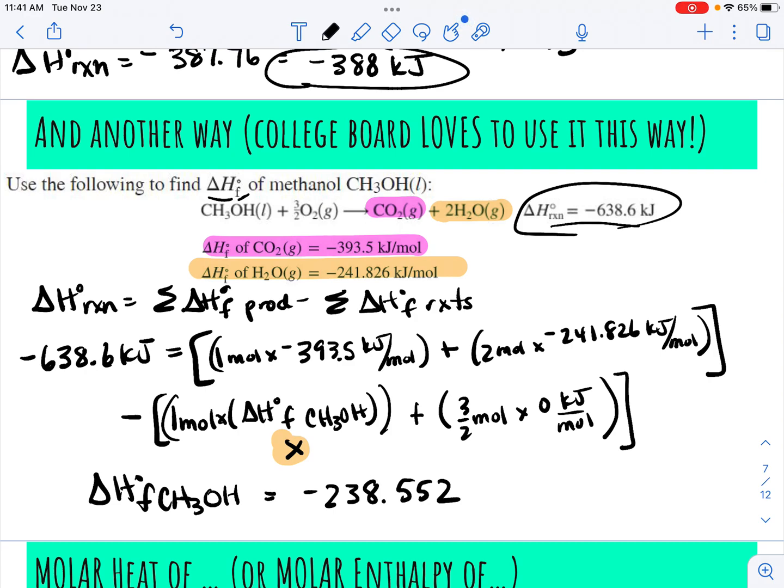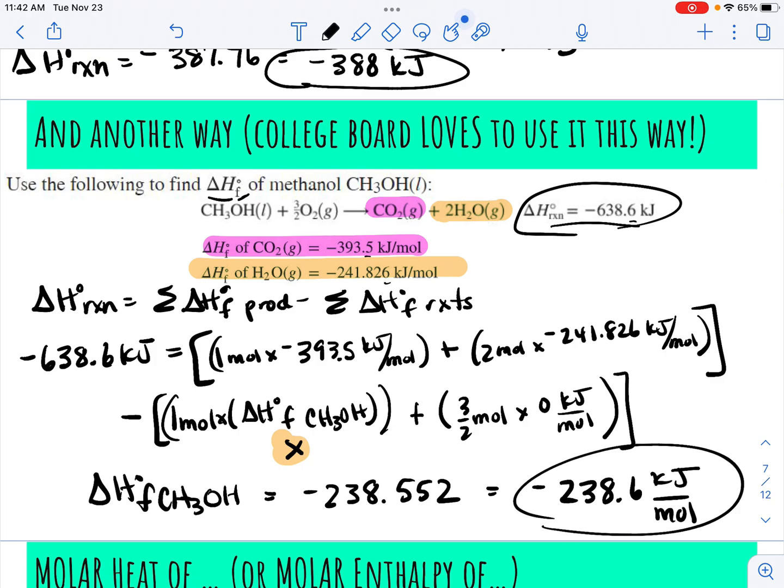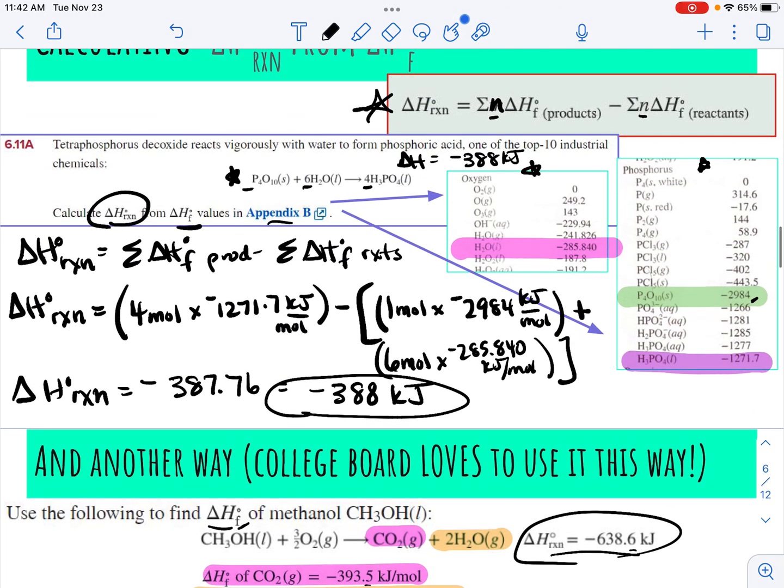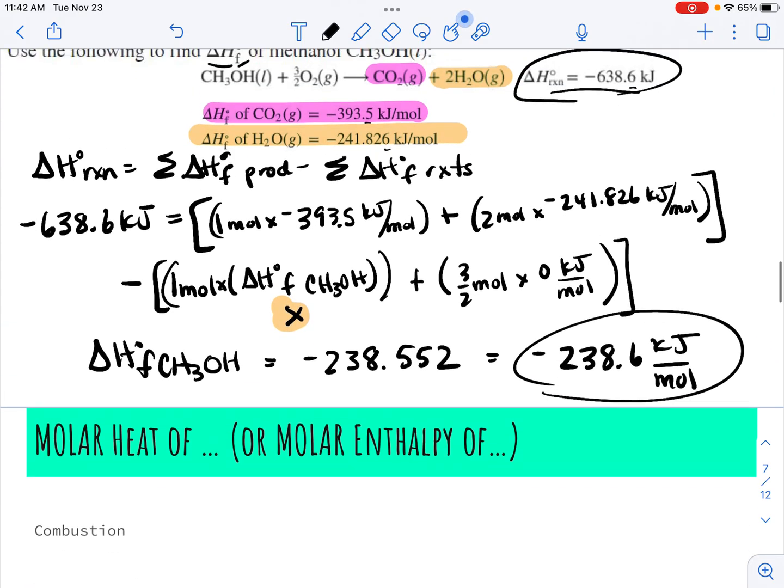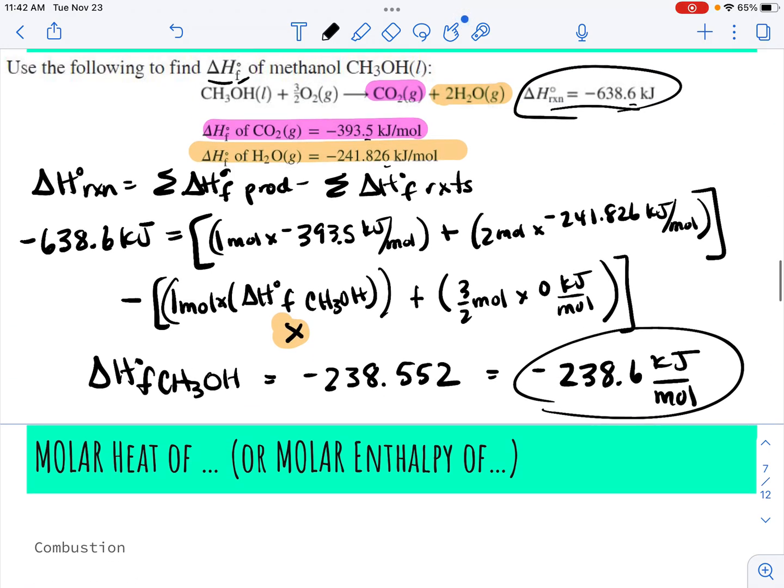I look at what they've given me. My values all have 1 decimal place, except for that with 3, so I'm going to keep 1 decimal place, which is negative 238.6. And the units on standard heat of formation will solve out to kilojoules per mole. Okay, so this is backwards of what we did here. And it's really common that College Board does these this way. So just make sure that you're practicing this when we go to practice.